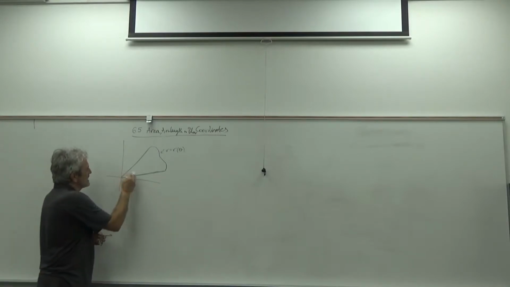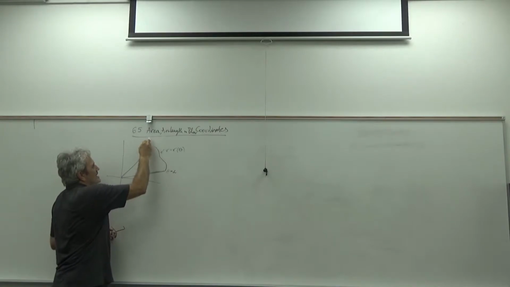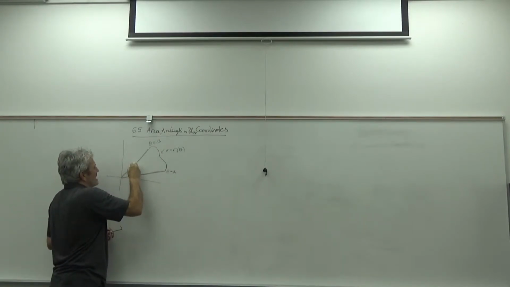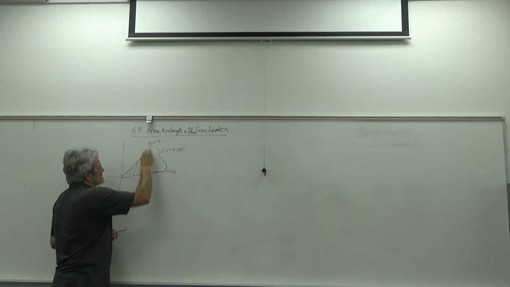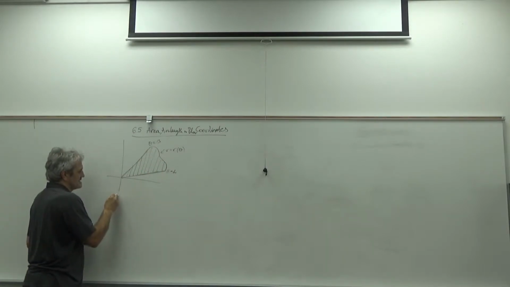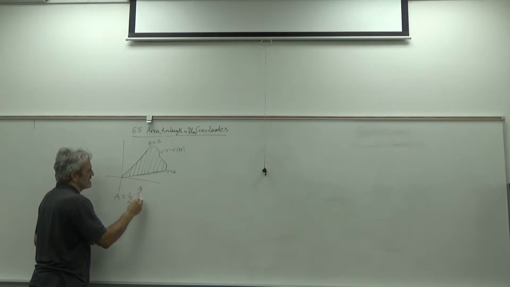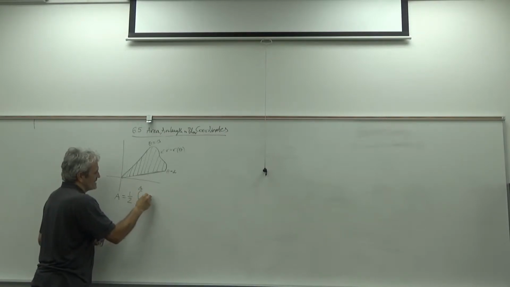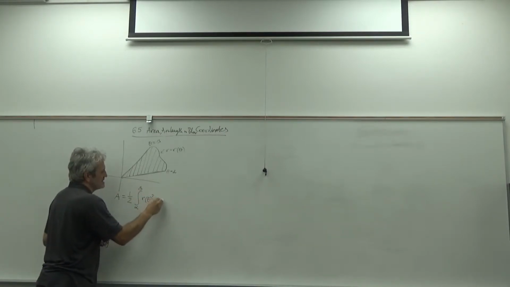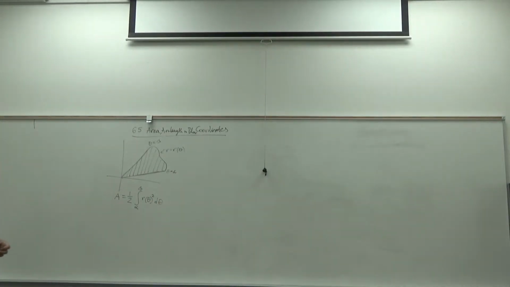So we want the area, so this is the starting angle, theta equals some alpha, theta equals beta, and we want to learn how to calculate this area. So the formula says that the area equals 1/2 integral from alpha to beta of r of theta squared d theta. And that's what we need to remember to do a problem for practical purposes.